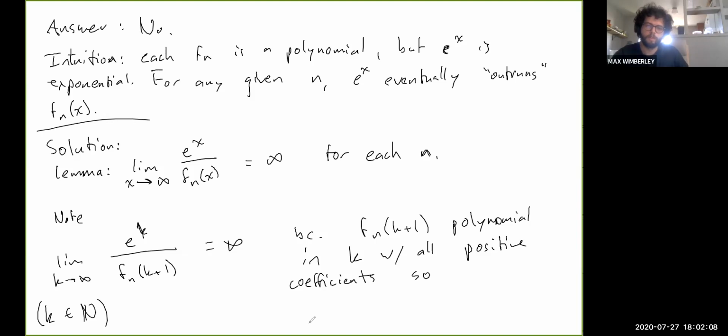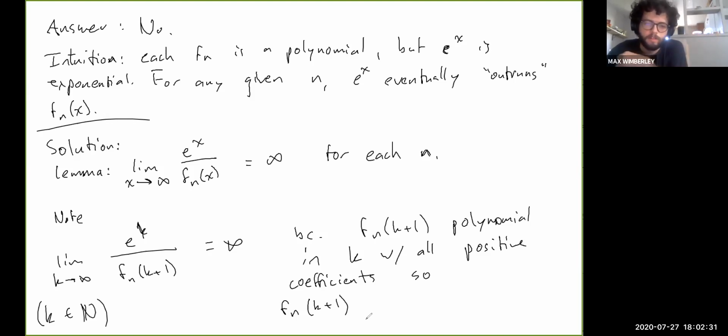So basically Fn of k plus 1 is smaller than something, which means that the overall thing is bigger.